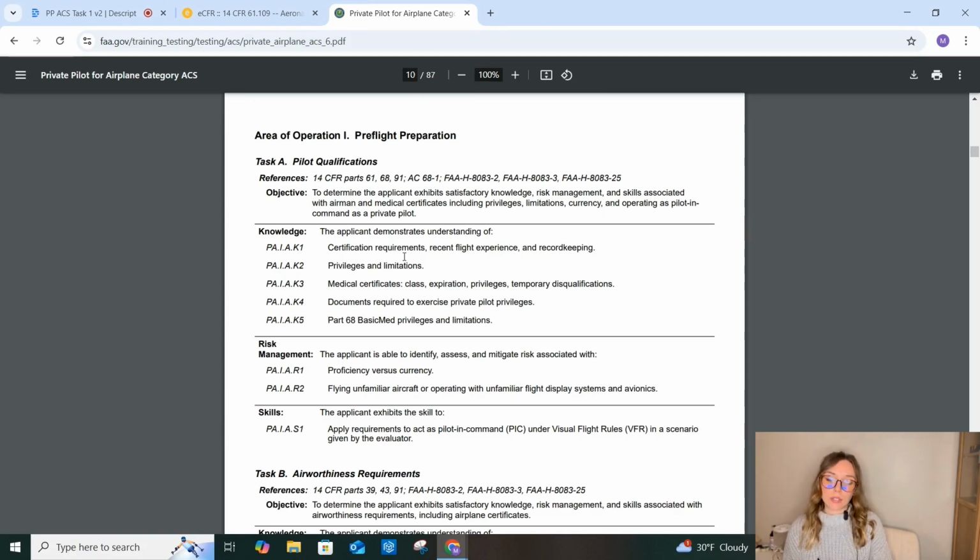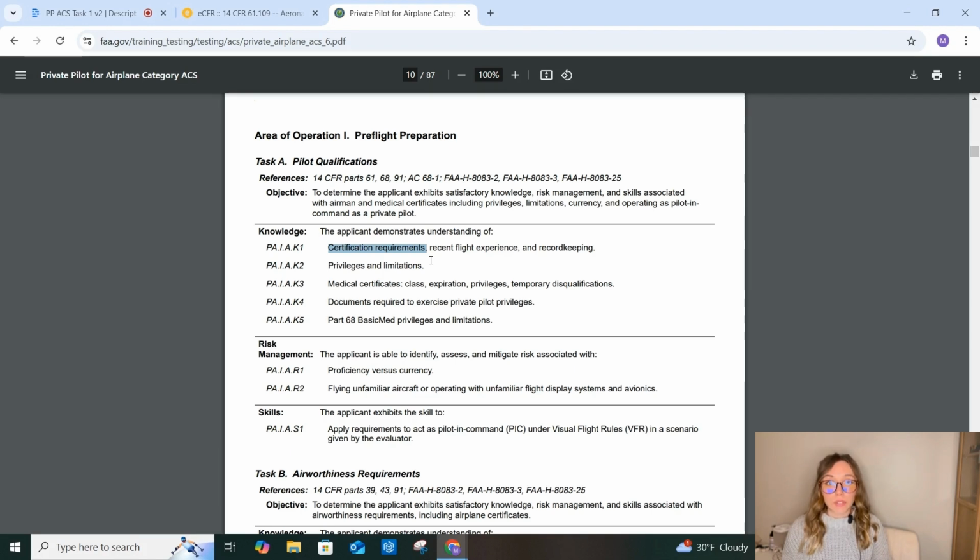I like to think of this first small section as you want to get your license. What do you need to demonstrate to show that you are eligible to get your license? What does your logbook need to look like? What things did you need to do to get to the check ride and licensing phase?